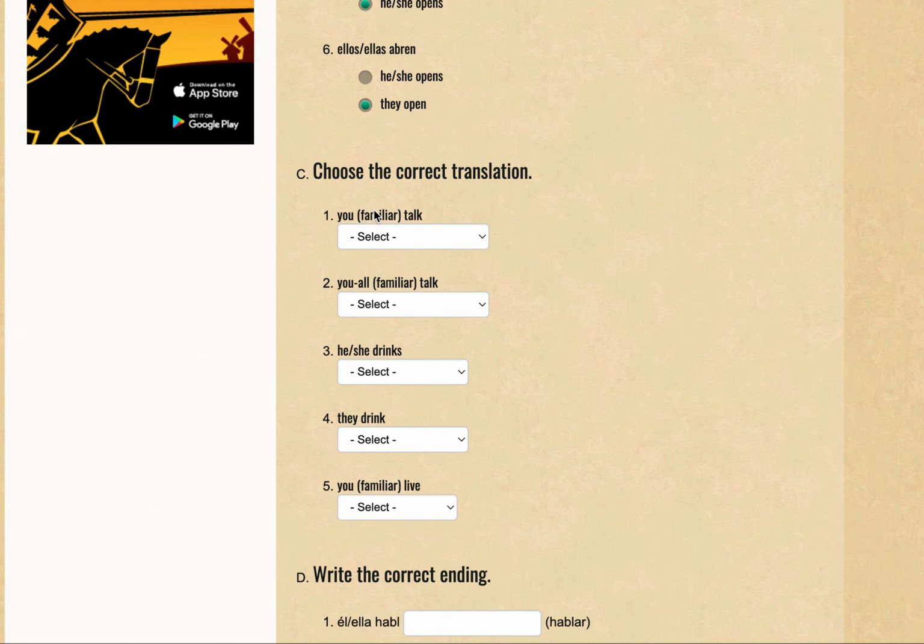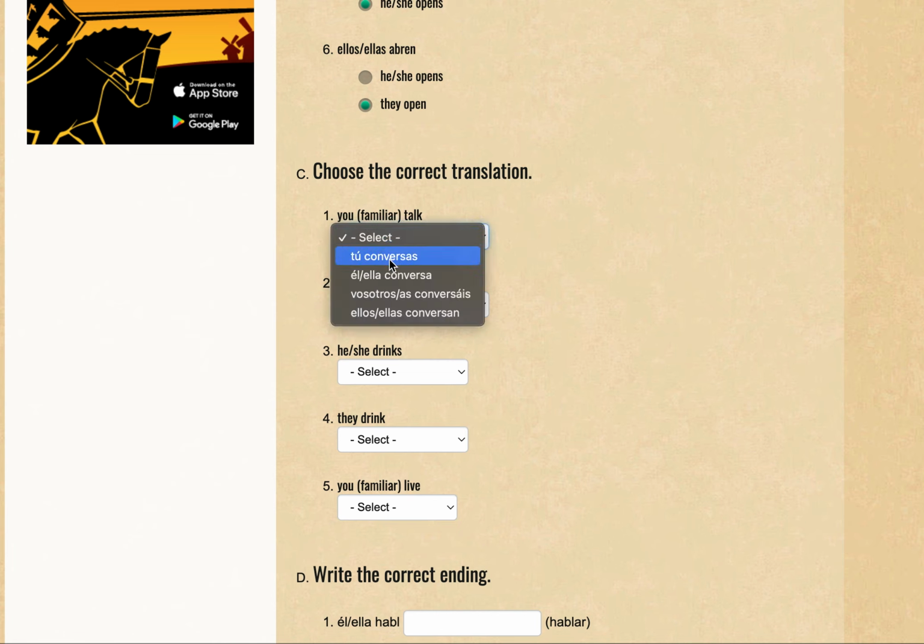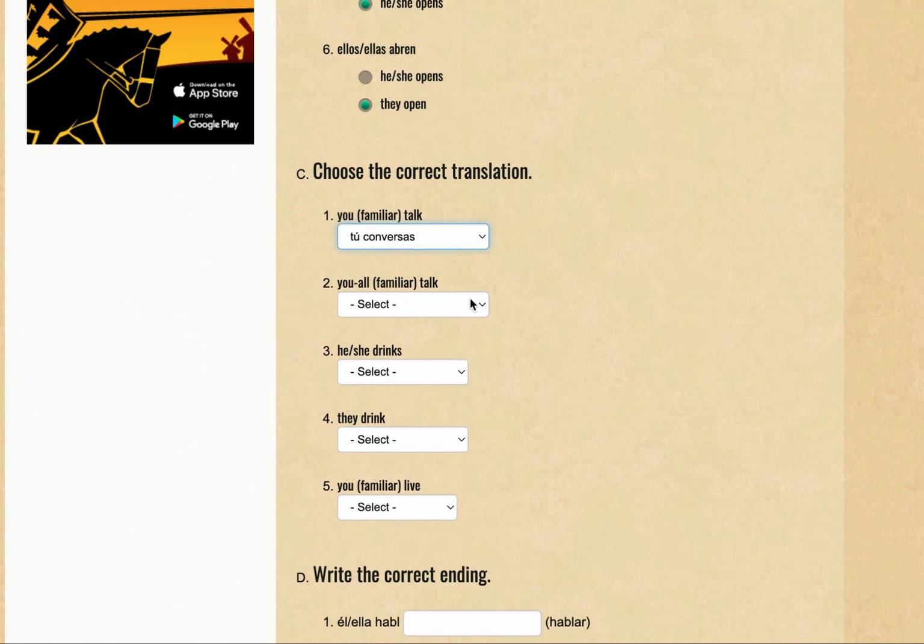Choose the correct translation. You familiar talk. You familiar is tú. So based on that itself, we can choose the answer, right? It's tú conversas. You all talk. So you all would be vosotros.